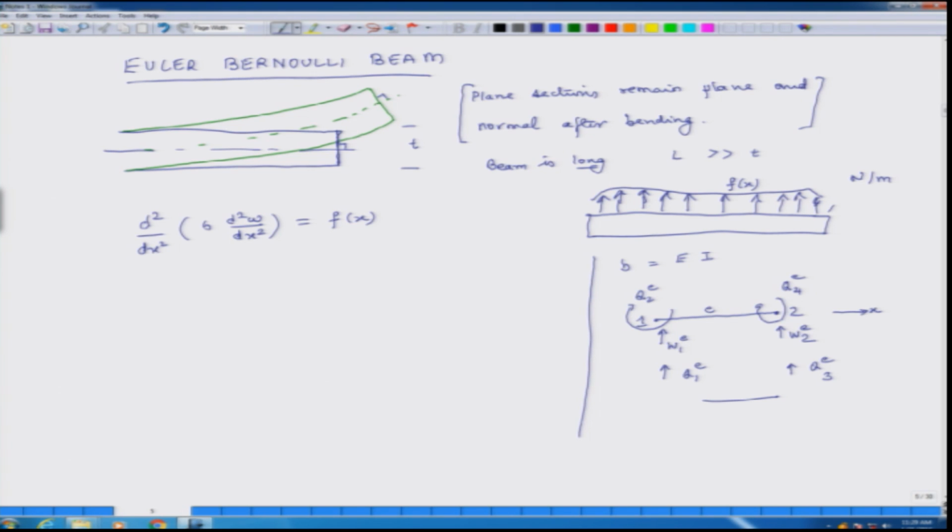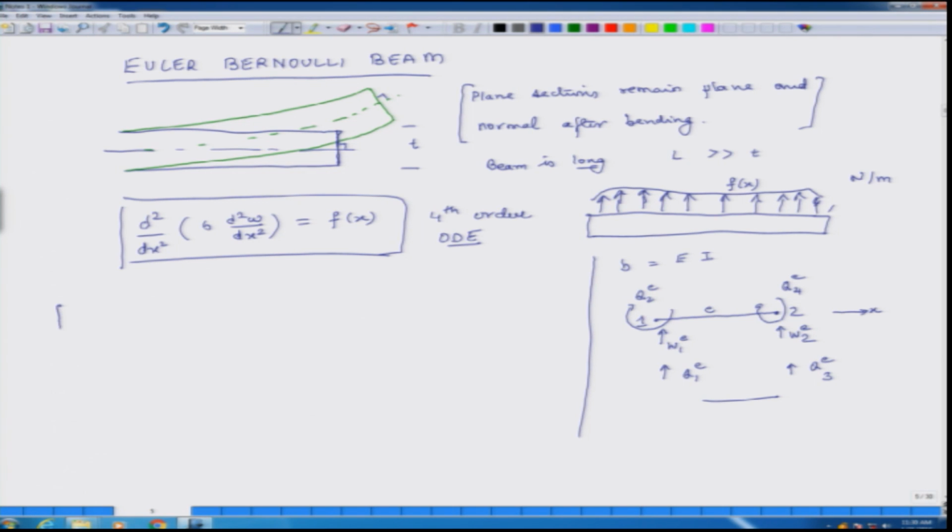So, if this is the convention, then if we have to develop a weak formulation using this governing differential equation, please note that this is a fourth order ordinary differential equation. So, I will have to integrate it by parts 2 times, right.